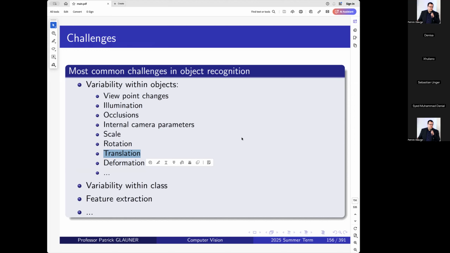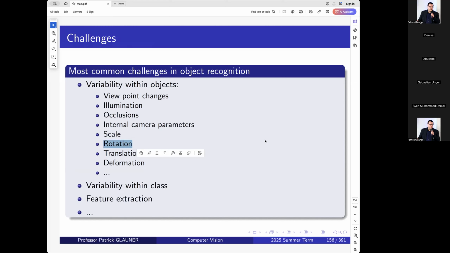So this is one challenge. Later we will see with various object recognition techniques how we can address some of these variations. Translation is a simple one. Then rotation is a somewhat more complex one, because rotation means the object is rotated.